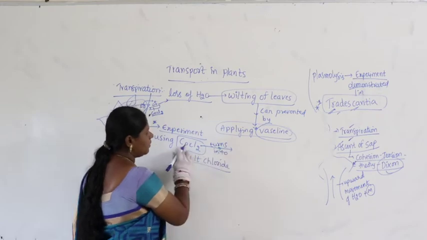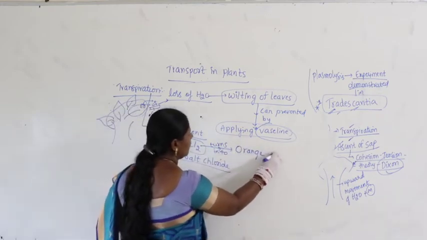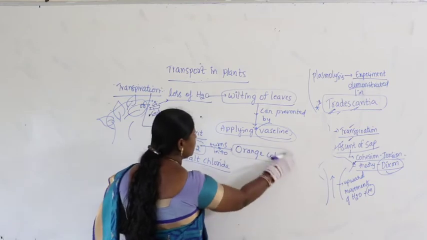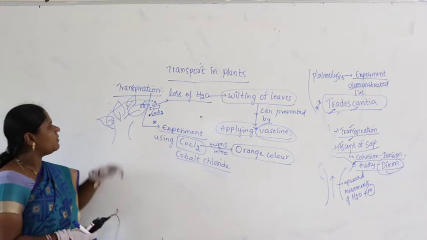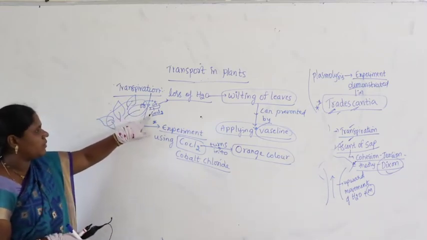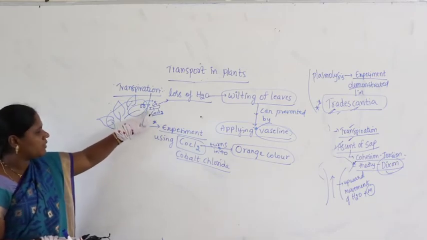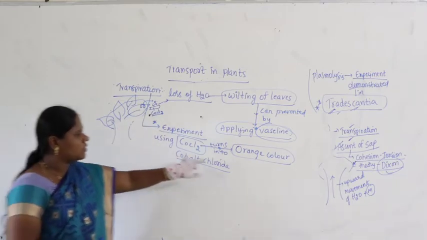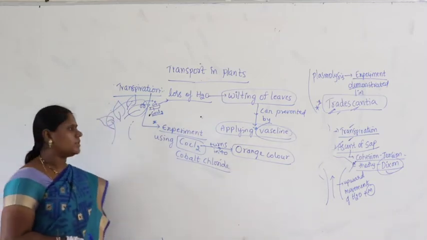Whenever the cobalt chloride paper turns orange, that is an indication that yes, transpiration is happening. Whenever there is a loss of water near the leaf or stomata and we keep the cobalt chloride paper, because of the droplets falling on the paper, it turns orange. It is an indication that transpiration is taking place.